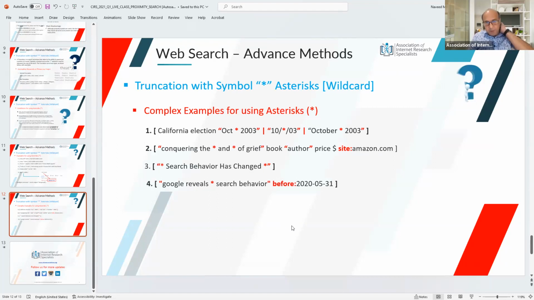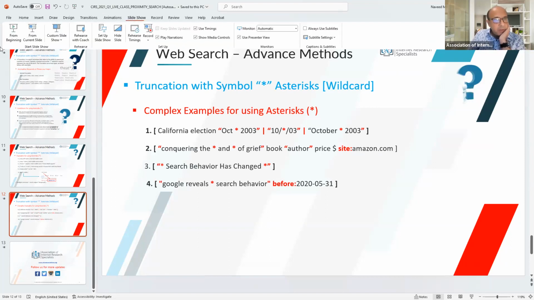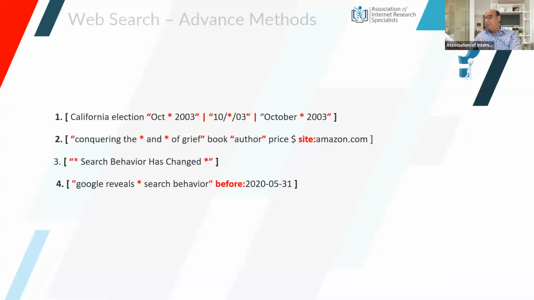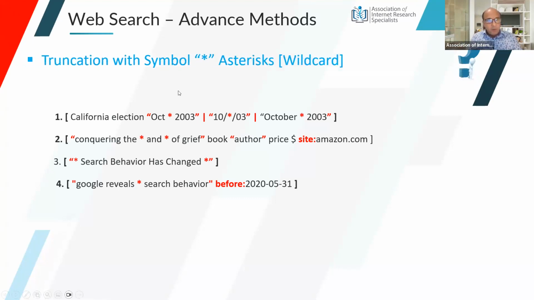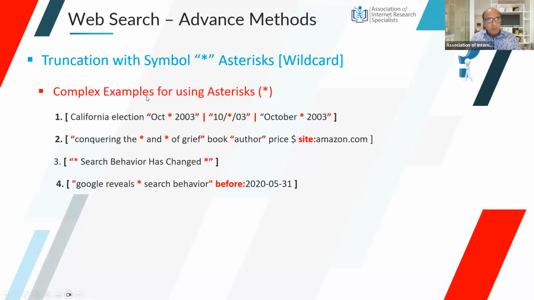Now, in the first one, you can see from the structure of how it is set that we are using the aesthetic to find a missing element in a date structure, which means the day we are not sure of. And this is what we'd like to query.